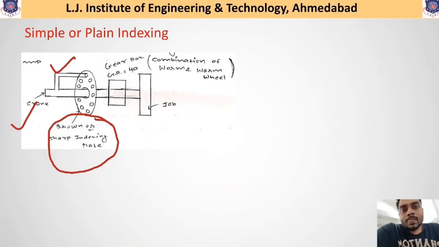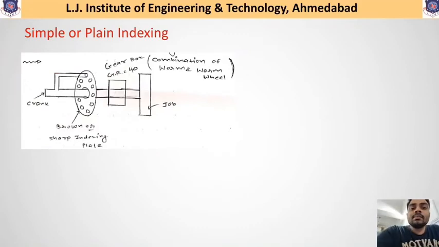Now we have seen that this universal dividing head consists of a worm and worm wheel arrangement, and it has a fixed gear ratio, that is 40:1. And I am repeating it: what is the meaning of the 40:1 gearing ratio?